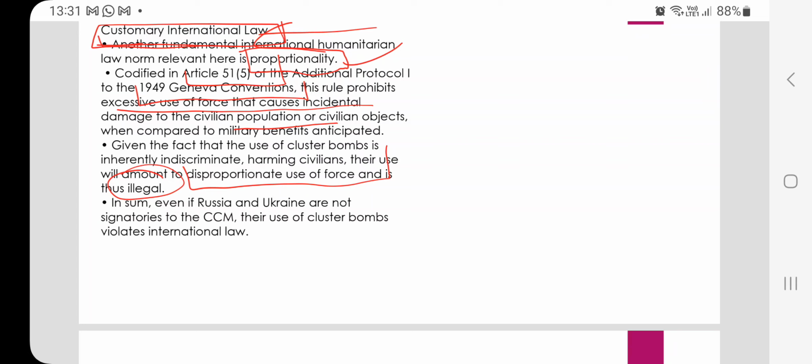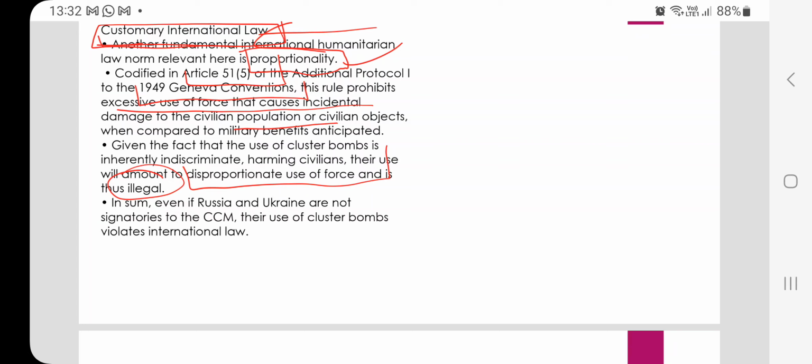He is pointing out Article 51 Clauses 4 and 5 of Additional Protocol 1 of the Geneva Convention. The use of cluster bombs is indiscriminate against civilians. It is a case of disproportionate use of force against civilians, and this is a breach of human rights and also a breach of international law.